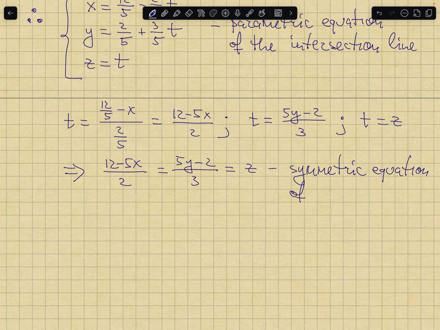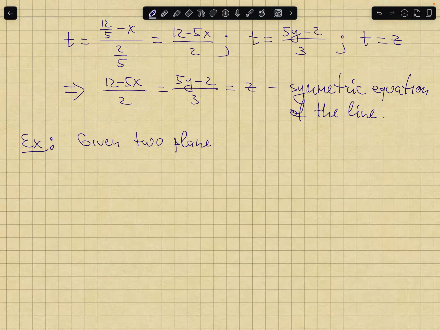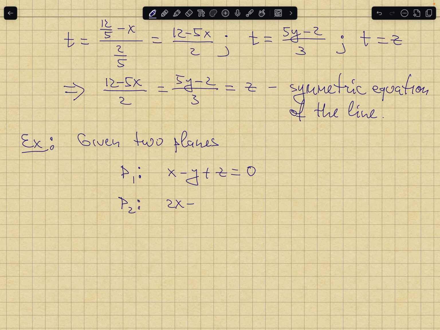Okay, and then finally here, let's do this example. Given two planes, let's say P1 that looks like x minus y plus z equal to 0, and P2, 2x plus y plus 3z equal to 7.